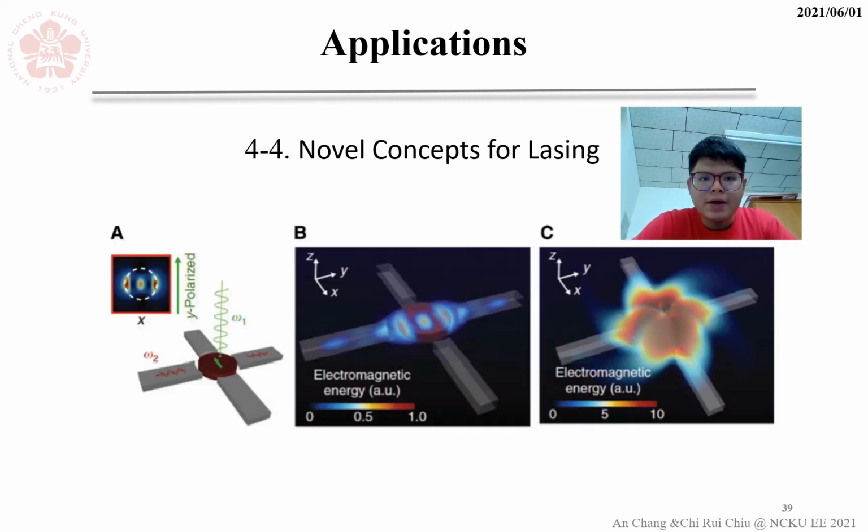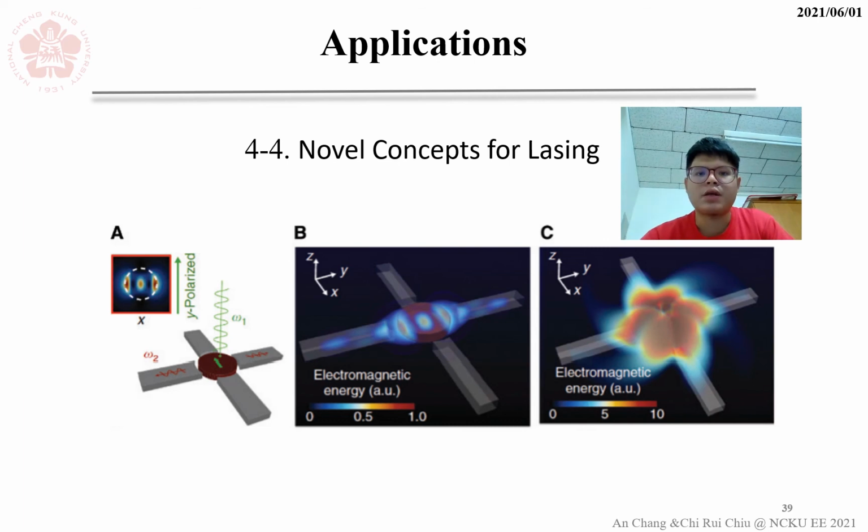In Figure A, an InGaAs nanodisk is placed in the middle of the optical circuit composed of 4 silicon nanowires. And in Figure B, by pumping linearly polarized light onto the nanodisk, the anapole mode can be selectively excited within the nanodisk.